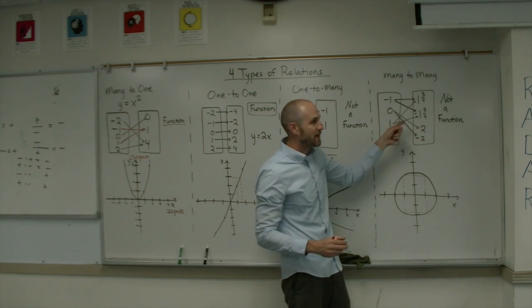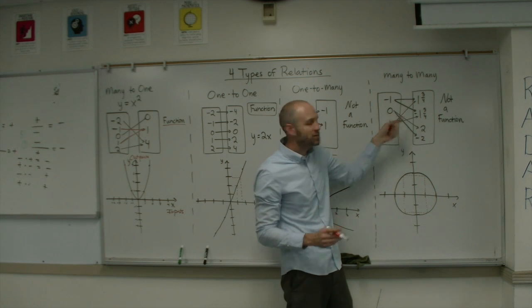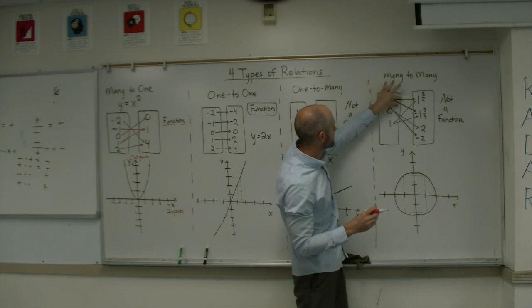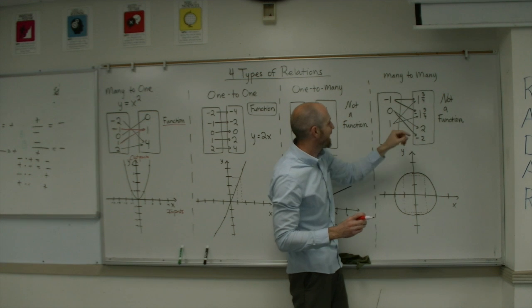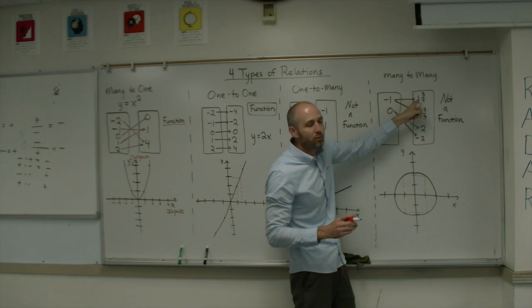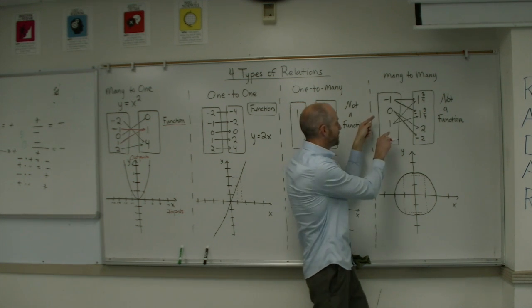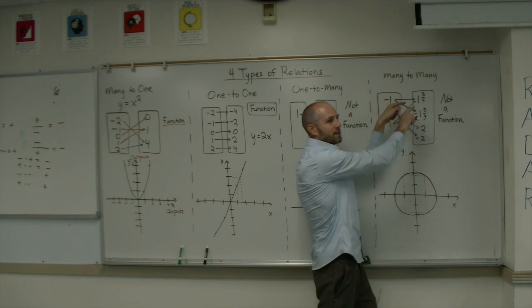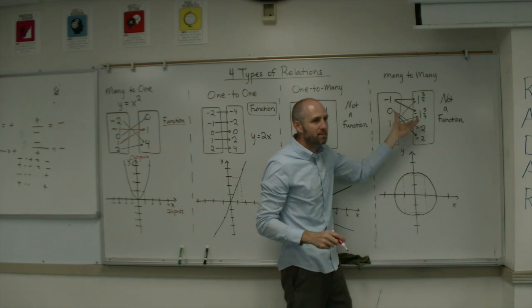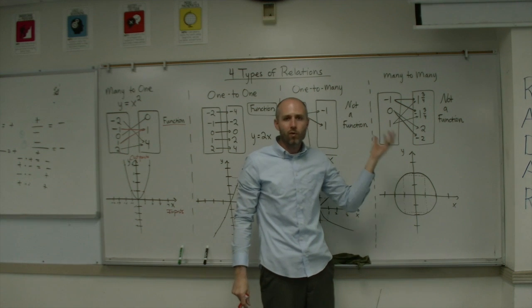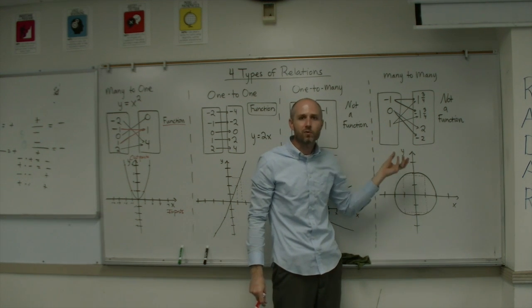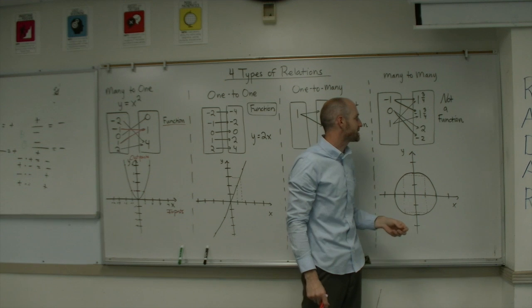This is how we end up with a mapping that looks kind of confusing like this one, where we have 1 input going to multiple outputs, and also some of these outputs are getting multiple inputs that produce them. So this is kind of a combination. Many-to-many is a combination of one-to-many and also many-to-one, and that's what makes it many-to-many.